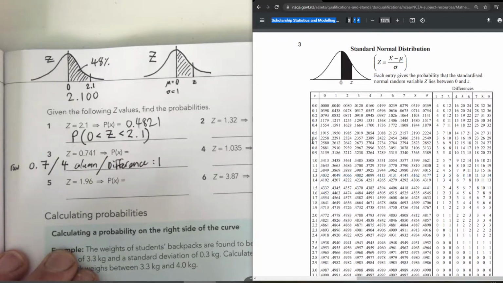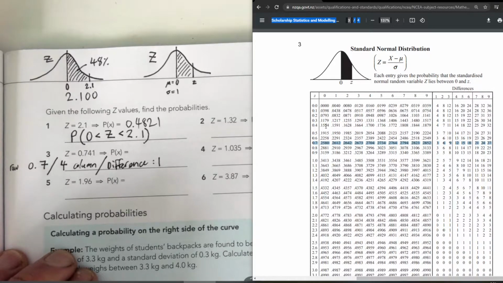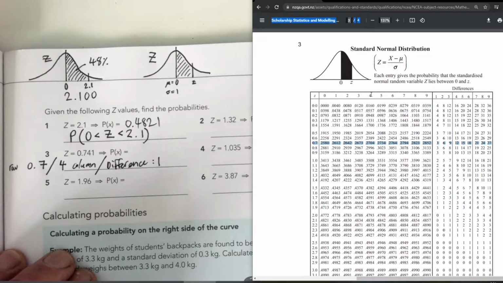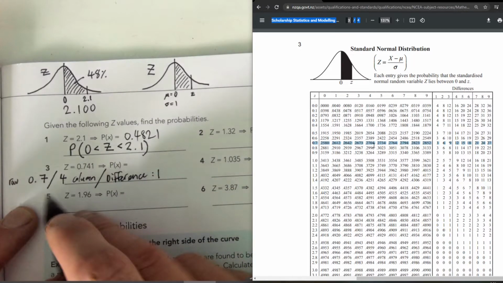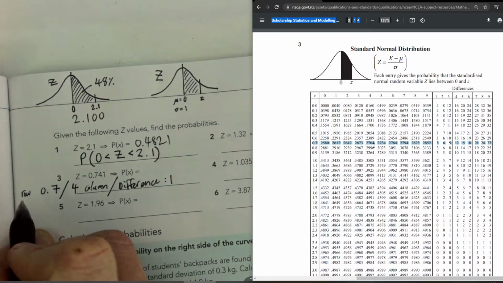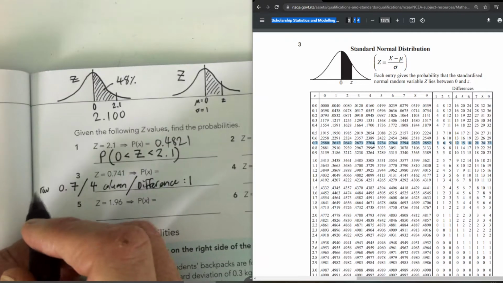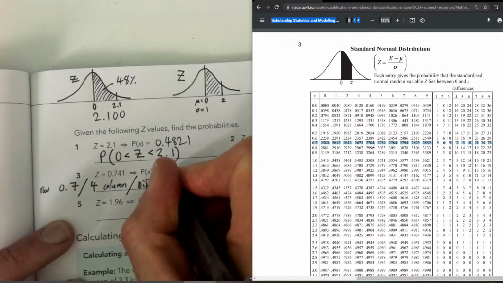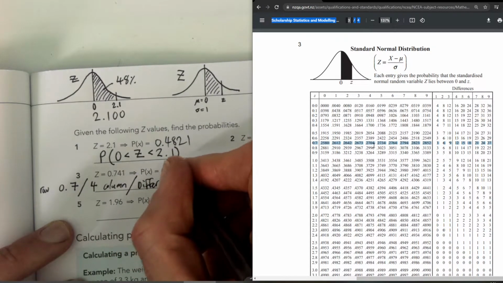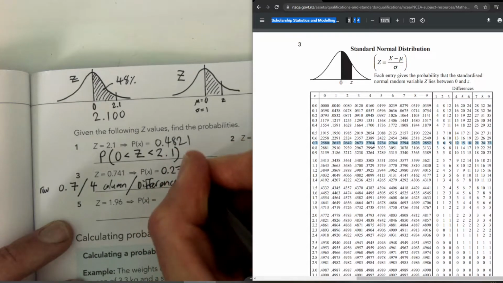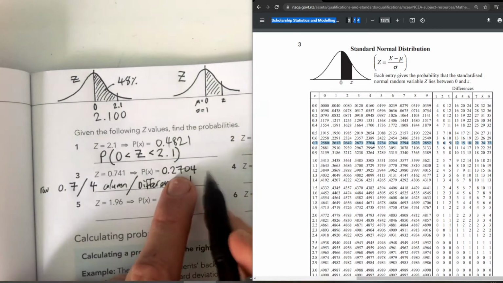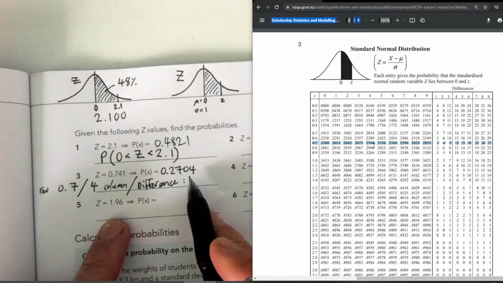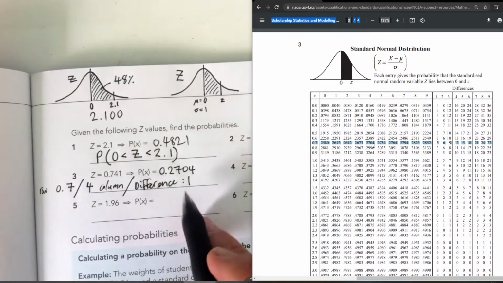So row 0.7, nice, highlighted. And then we have column 4, so we go down here. So it's 0.2704. Right? So we found that using, well, this is getting a little bit messy to be quite honest. So it's going to be 0.2704, but we have to add on this difference from the 1 column of differences.